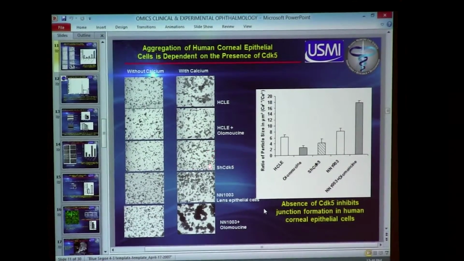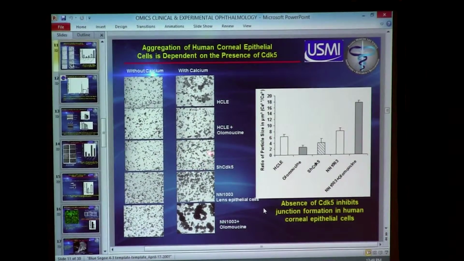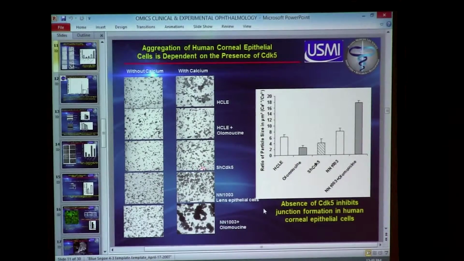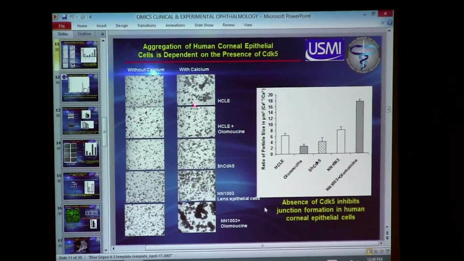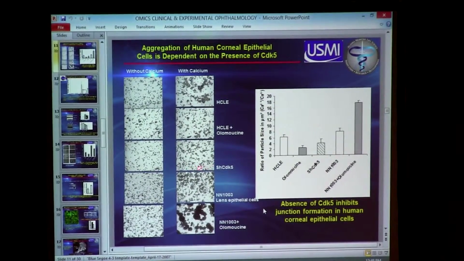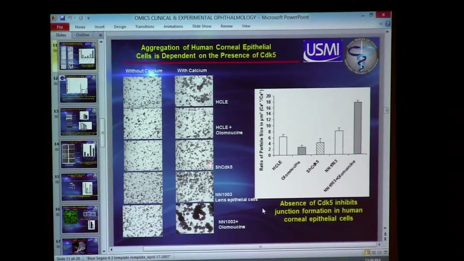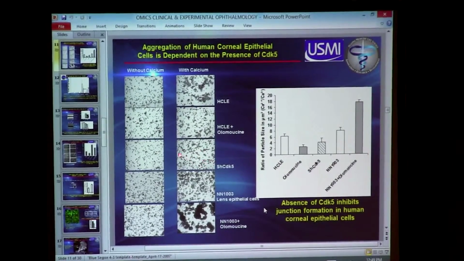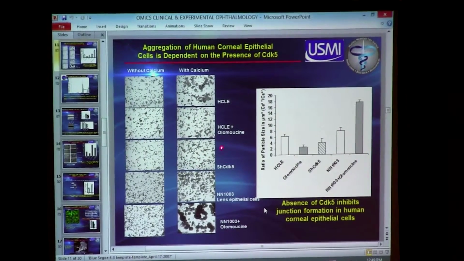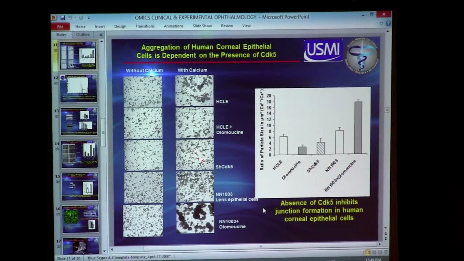As you see in the bottom two panels, in the presence of calcium, the lens epithelial cells formed larger junctions. In fact, the cluster of cells in the presence of olomoucine, that is, in the absence of CDK5, the lens epithelial cells form larger junctions. The clusters were larger.